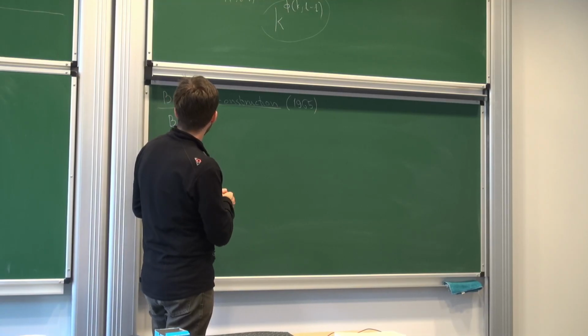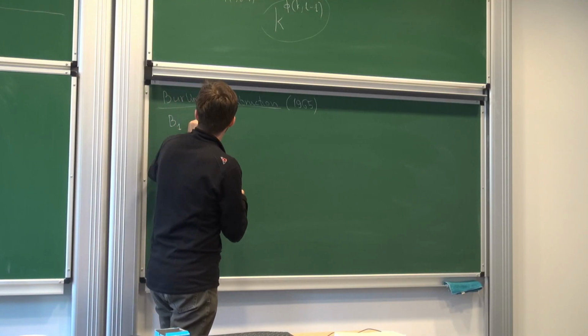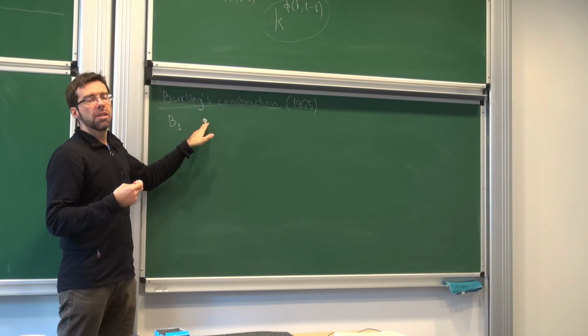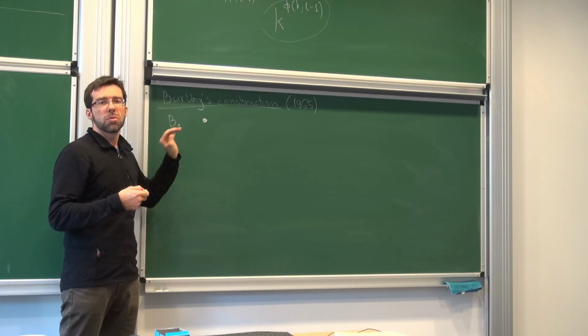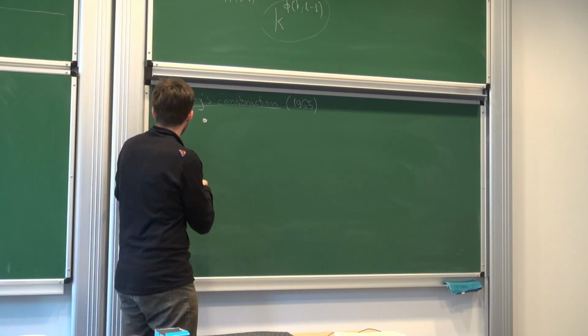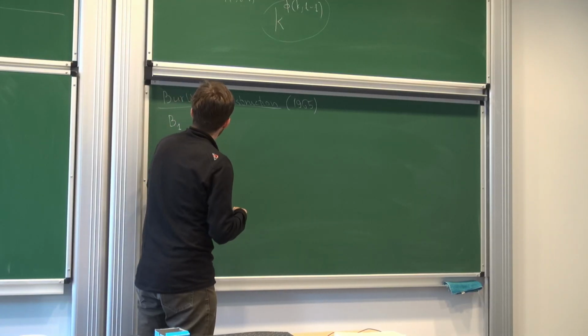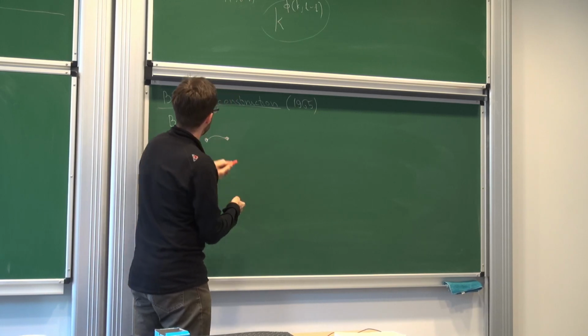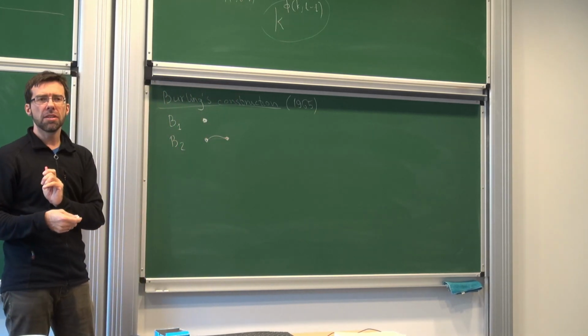Okay, so B1 is just a single vertex, and the underlying tree is just a trivial tree with a root at that vertex.